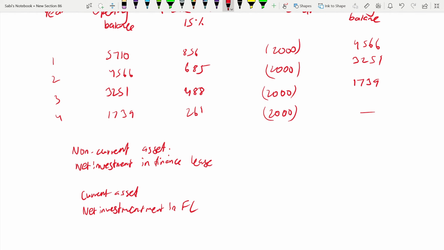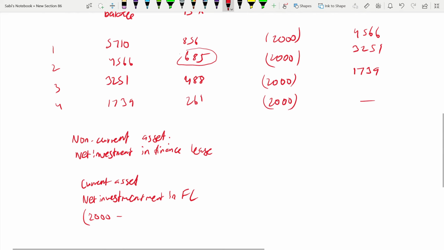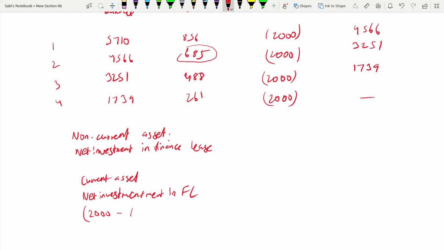So the current asset is the next installment less the next year's interest. So the next installment is 2000 only every year, minus that is the next interest. Next interest is this, 685. You are getting how much? 1315.